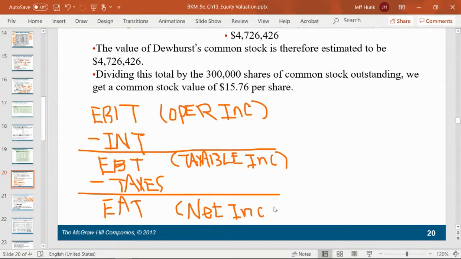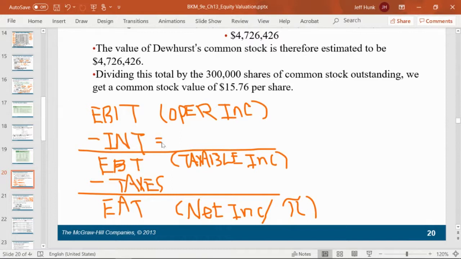Net income or net profit. It's not divided by, it's simply a slash. Net profit, okay? Now then, if there was no interest, then your EBT will be exactly EBIT, right?